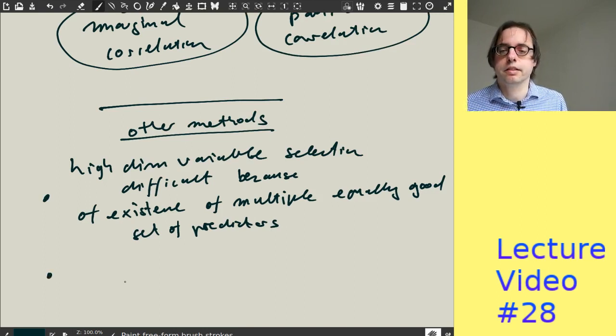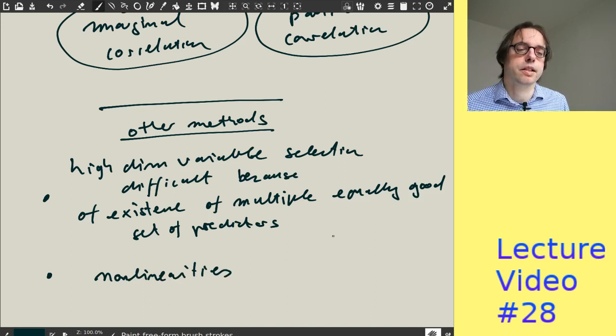and then of course we also have non-linearities. These non-linearities also pose a problem, because even while I said that there's often not much correlation in high dimensions, there can still be non-linear relationships, and we need to go beyond the linear model.